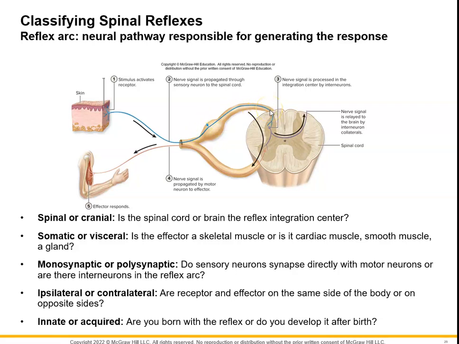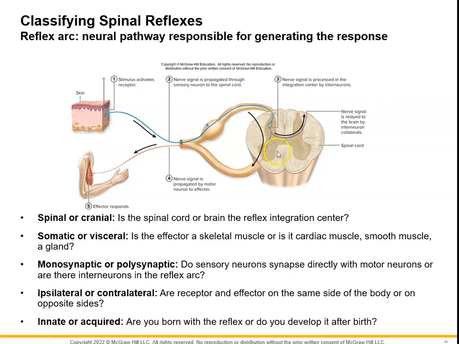Now, that nerve signal is propagated all along the sensory neuron into the spinal cord, where it is processed by interneurons that then activate a nerve impulse of a motor neuron out to the effector, which is the muscle that will remove the body part from that painful stimulus. Now, no matter what the stimulus, this pathway is the same.